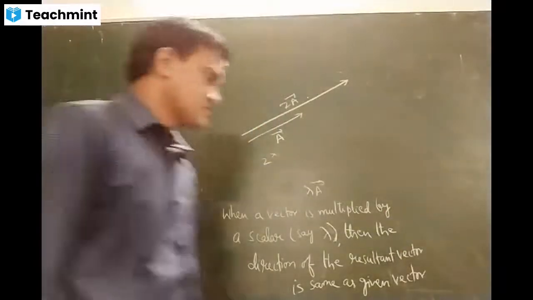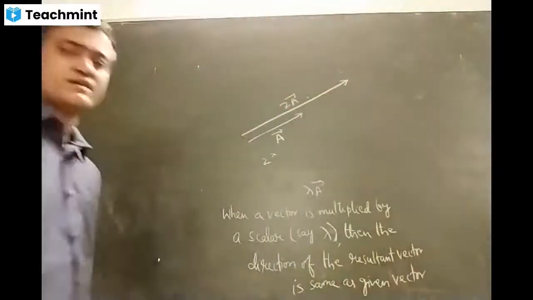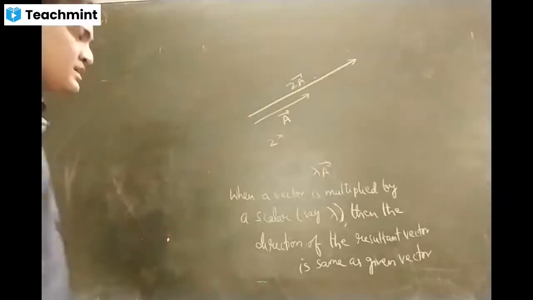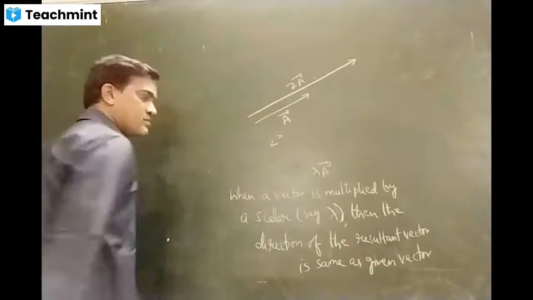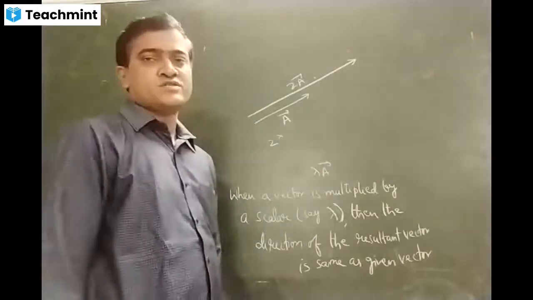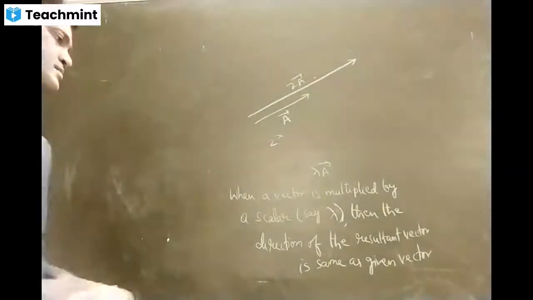For example, if I consider A bar as a vector and multiply A bar with lambda, I will get lambda A bar, which should be in the same direction as that of A bar, the given vector.